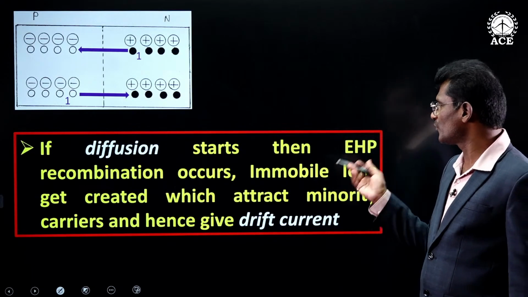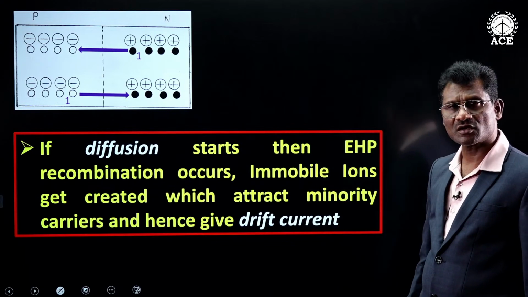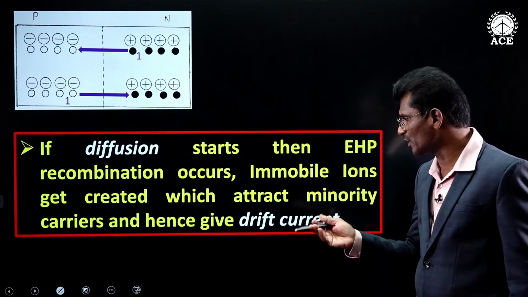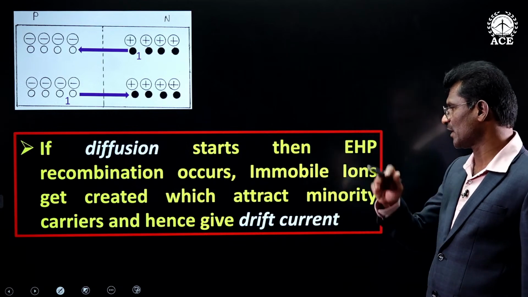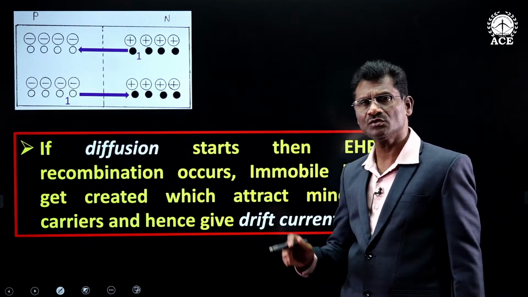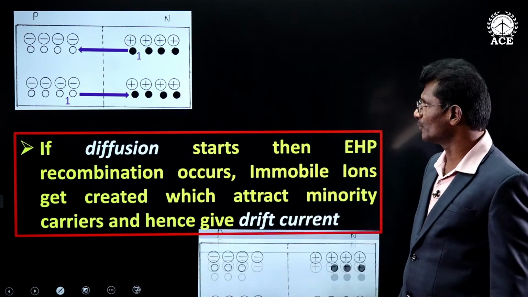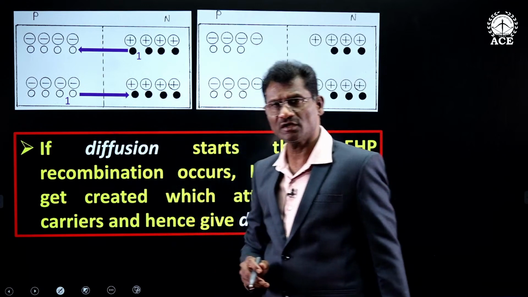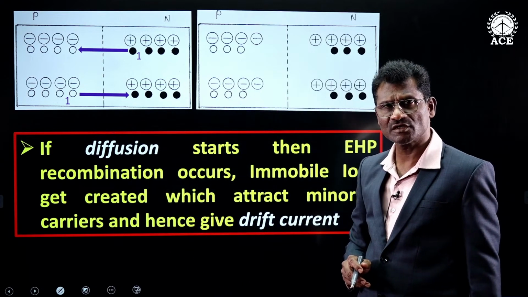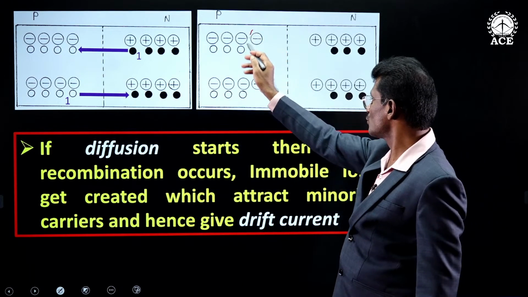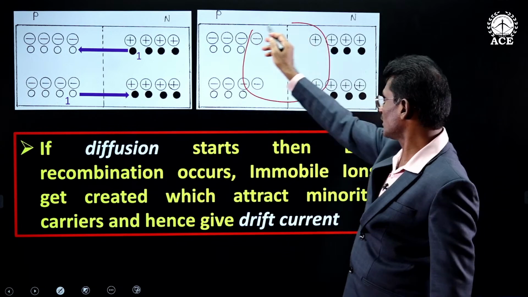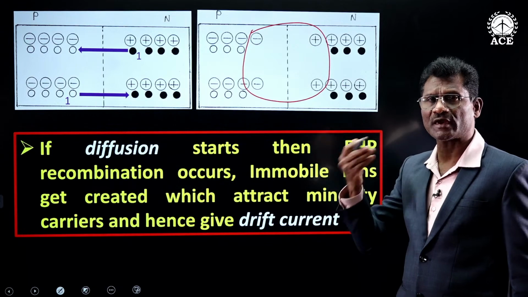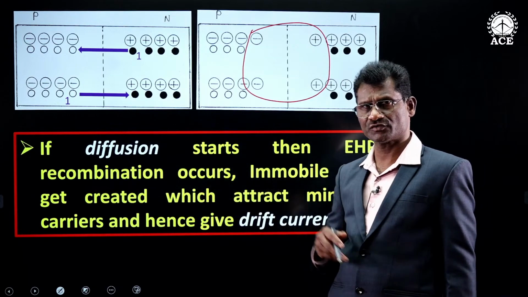Now, if diffusion starts, then electron hole pair recombination occurs. Immobile ions get created which attract minority carriers and hence give drift current. So due to diffusion, initially EHP recombination occurs and positive and negative ions get created, which attract minority carriers and give rise to drift current.